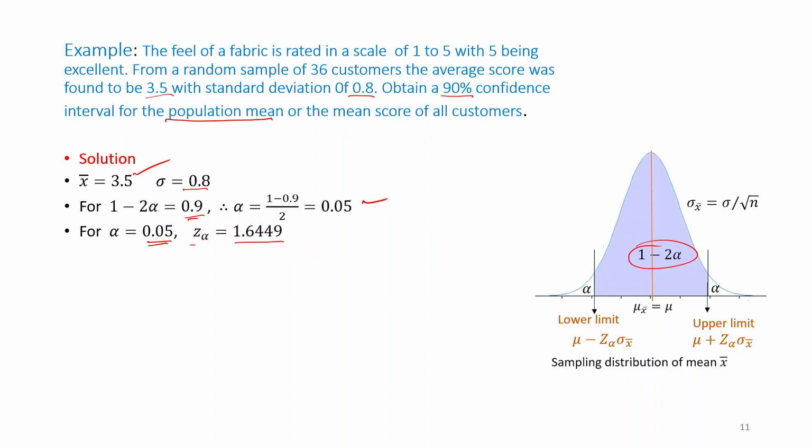I have already shown you the tables earlier. You have to consult the standard normal distribution table, and in that table you will find that for different values of alpha, the Z values have been quoted. Now for a value of alpha which is 0.05, the value of Z is 1.6449.